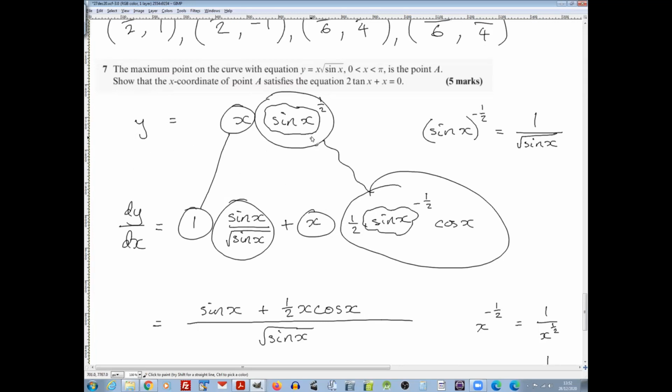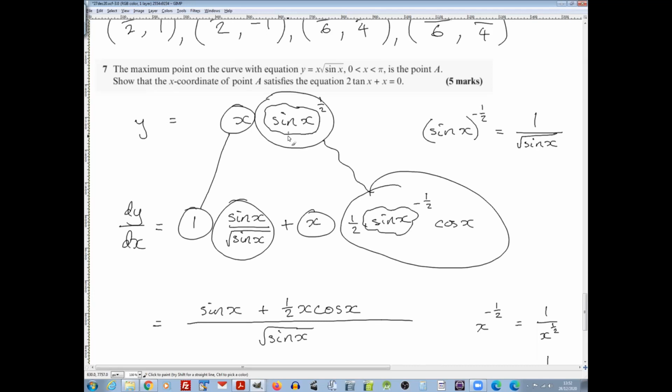Remember, what kind of expression is it that you would differentiate using the quotient rule? You use the quotient rule if you're differentiating a fraction.